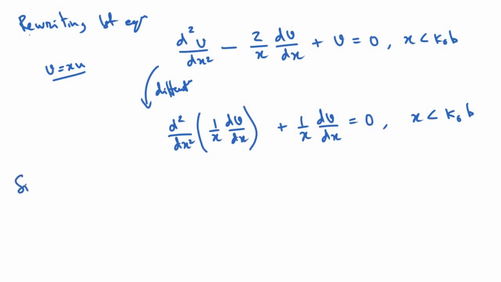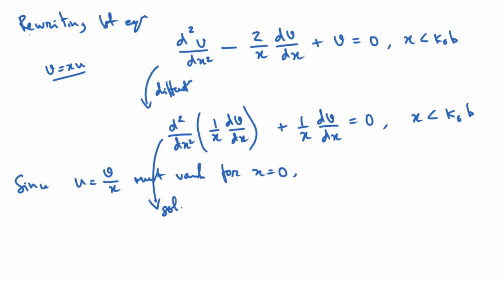Now, since u is equal to v by x must vanish for x is equal to 0, the correct solution will be 1 by x dv/dx is equal to a1 into sin x, again for x less than k0 into b.